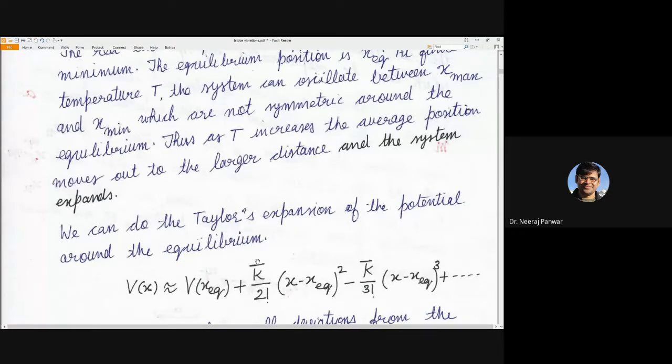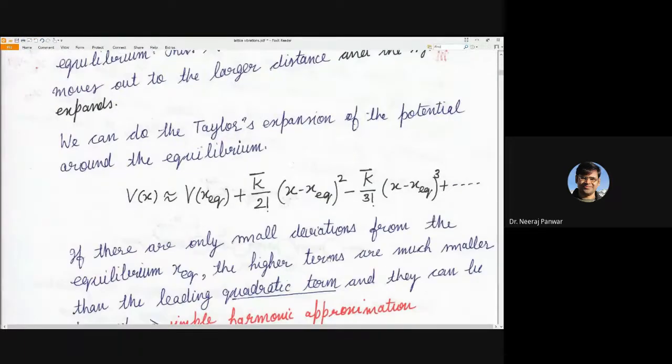I have put a bar here to differentiate k from the wave vector. In some books it is represented by beta, in some books by alpha, in other books by a different symbol, but here I am considering the spring constant to be denoted by k bar. So the third term would be minus k bar by factorial 3 times (x minus x equilibrium) whole cube.